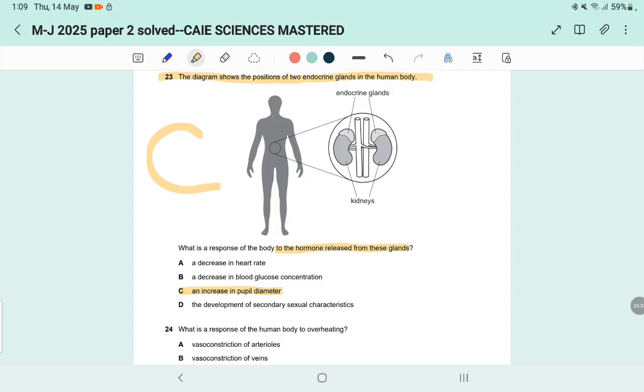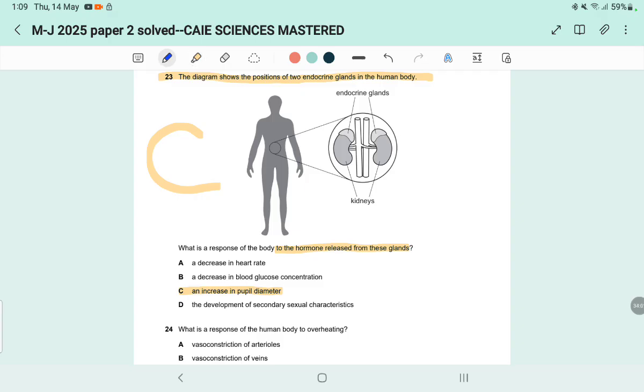Also, you have a higher heart rate, which allows you to move faster. It also allows you to make reactions faster, more respiration, and more energy will be released for you to handle the situation you are in. If you're fleeing, of course you need energy.